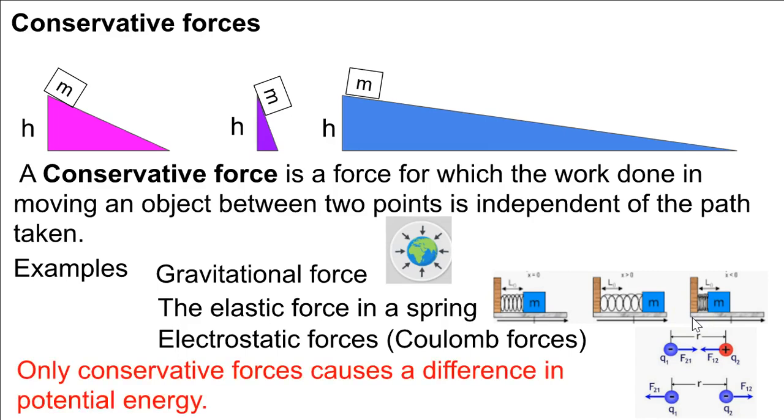Only conservative forces cause a difference in potential energy. Now, this is a new and foreign idea. I think you have made contact with potential energy with the gravitational force already, where you know that potential energy is mass times height times gravitational acceleration, mgh.